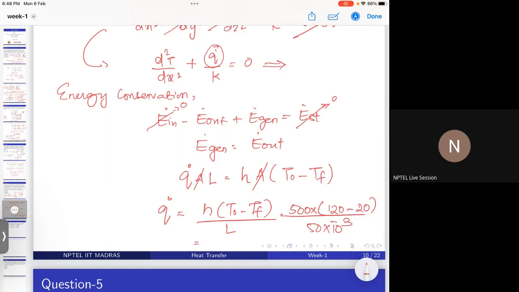So what is this answer? What is the heat generation rate?